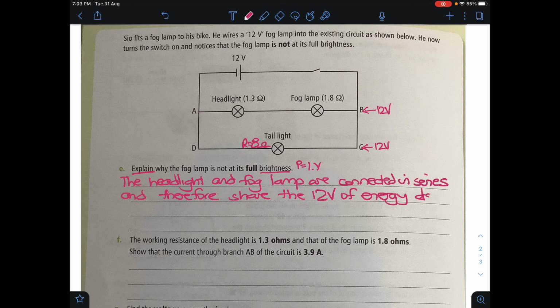Dissipated is a word we'll use a lot in year 12. So that, sorry about my writing, says dissipated across branch AB. So I've got those letters from there.